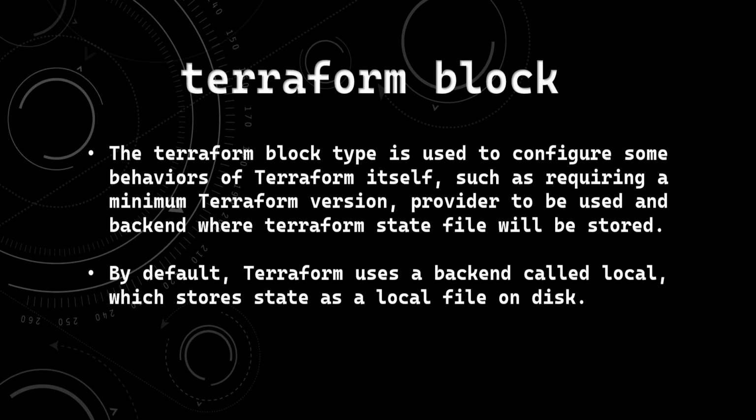And by default, Terraform uses a backend called local, which stores state as a local file on disk. Fine. So once you apply the Terraform configuration file, one state file will be generated, and in the state file all the resources managed by Terraform will be mentioned. The Terraform state file will be stored locally if you do not manually mention the backend.